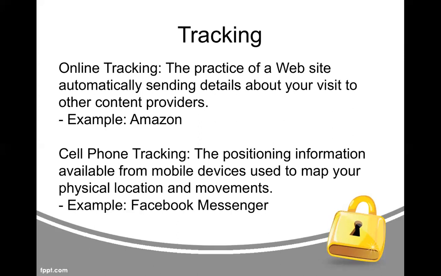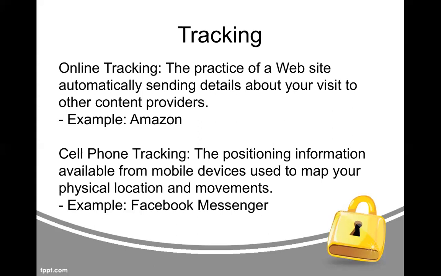There are two types of tracking: online and cell phone. Online is basically the practice of a website automatically sending details about your visit to other content providers. The example is Amazon. When you first log into Amazon and you see, oh, these are recommendations based on what I last bought, that's online tracking.